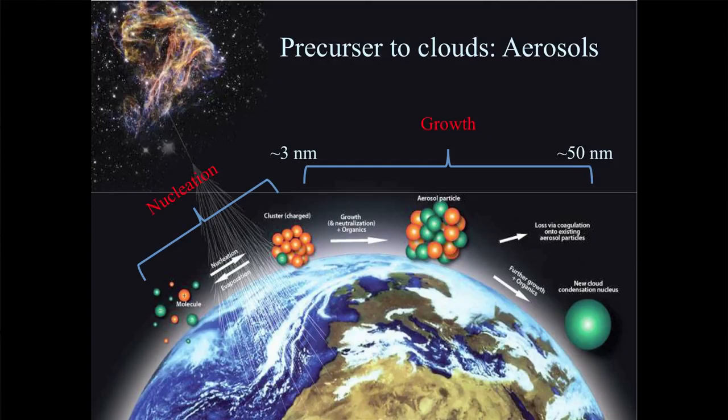And it turns out a large fraction of them are actually produced directly in the atmosphere, where you have gases, where one of the most important molecules is actually sulfuric acid, that condense into a cluster, and then the cluster slowly grows to cloud condensation nuclei, and then they can affect the cloud cover. And the idea that we have been working on is that the ionization by cosmic rays is actually helping stabilize these small clusters.